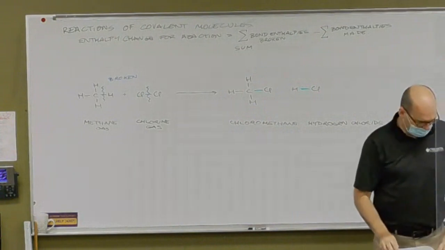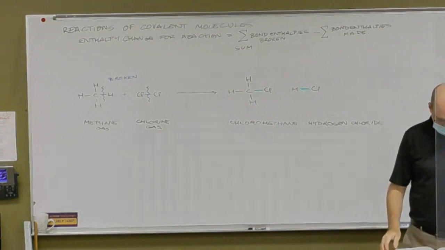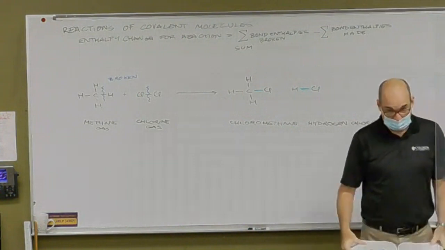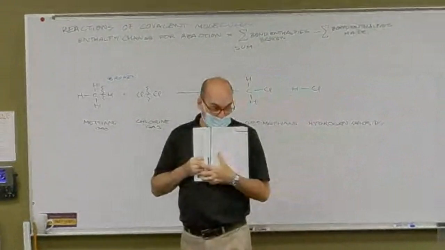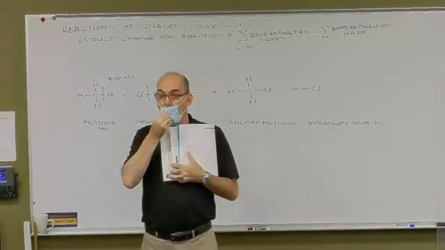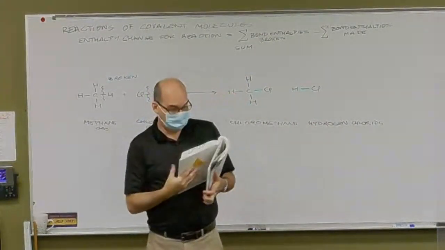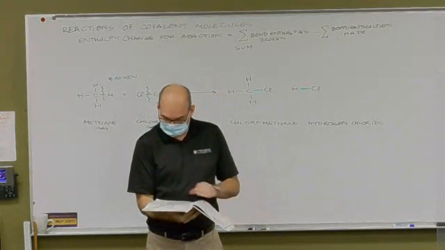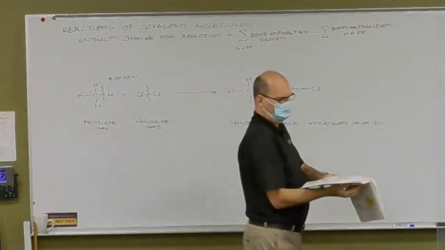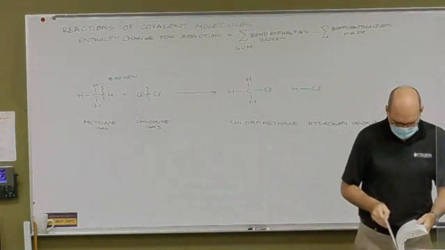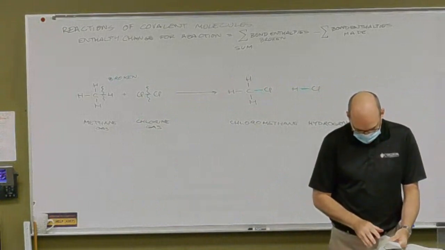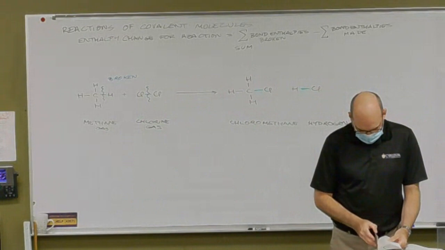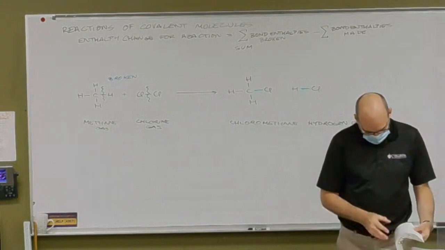So at some point, we now need a table of bond enthalpies. And there's one in the textbook on page 330. And without looking, I'm fairly certain that there is an appendix as well. The last big enthalpy table was Appendix C. Let's see if there's another appendix right behind it.